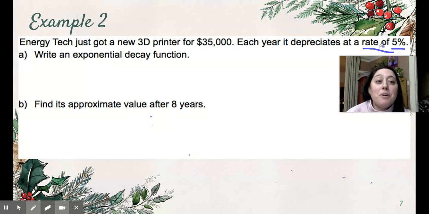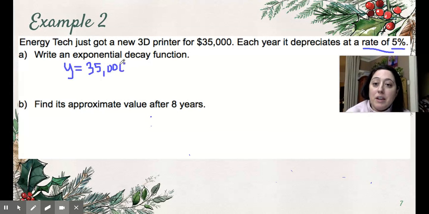Okay, it depreciates at a rate of 5%. So I'm going to write my exponential decay function, and unless they give me something else, I'm just going to use x and y. So my initial amount is $35,000. Pretty cool.